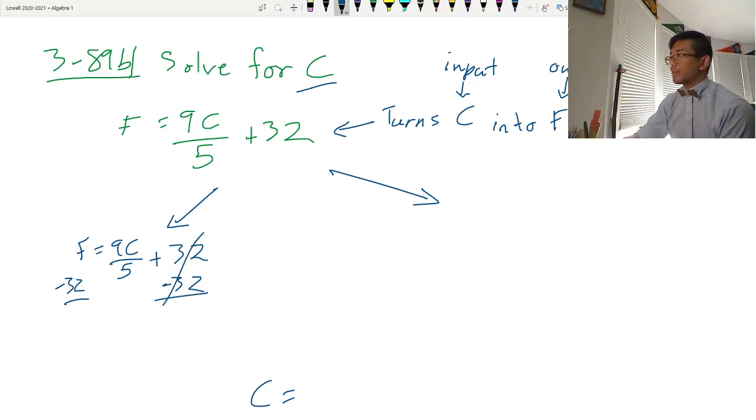F right now, you can do whatever you want with it, because at the end of the day, it's going to say 70 degrees Fahrenheit or whatever. So I'll just have F minus 32. I just can't evaluate it because I don't know what F is. On the right side, we get 9C over 5, plus 0, because 32 minus 32 is 0.